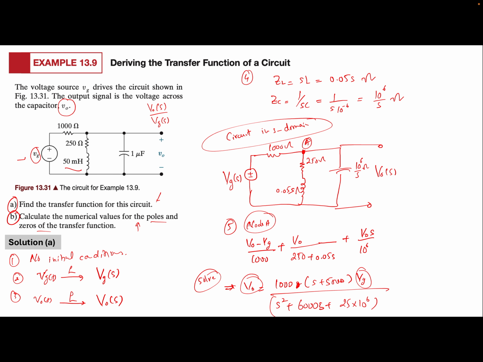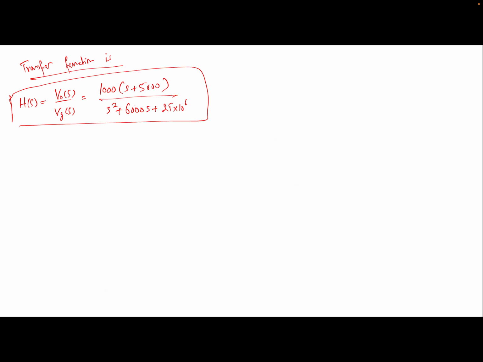The B part asks us to find the values of the poles and the zeros. Okay, cool. Poles and zeros are simple. Let's find the zeros. Zeros are the roots of the numerator, and I just have S plus 5000, right? So the zero is going to come out to be S equals minus 5000. This is one of the zeros. Let's find the poles.